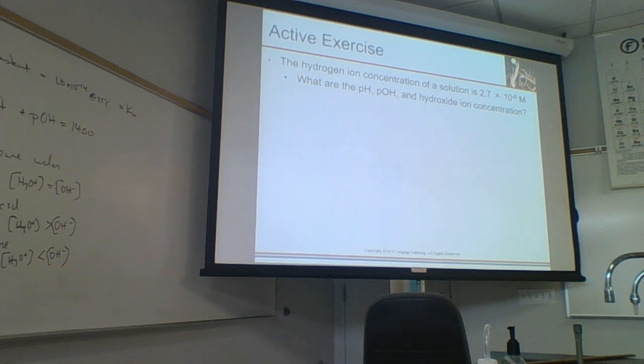It's going to be the negative log of 2.7 times 10 to the minus 5. We just punch that in the calculator and see what it comes out to. I'll just do log of 2.7 times 10 to the minus 5.